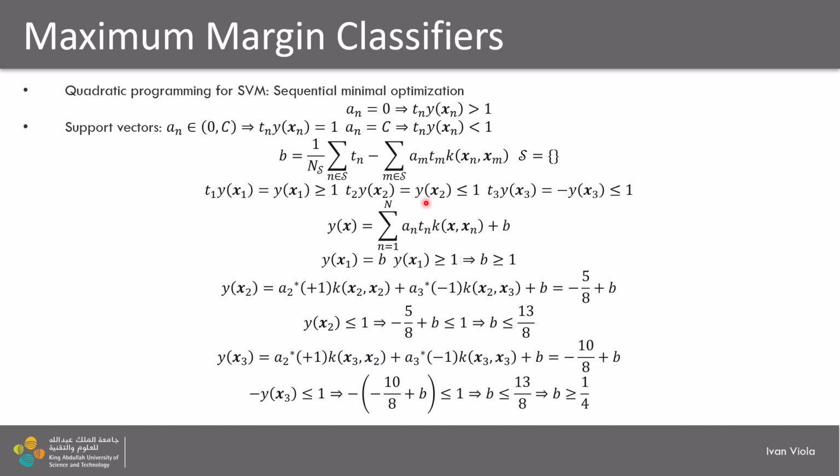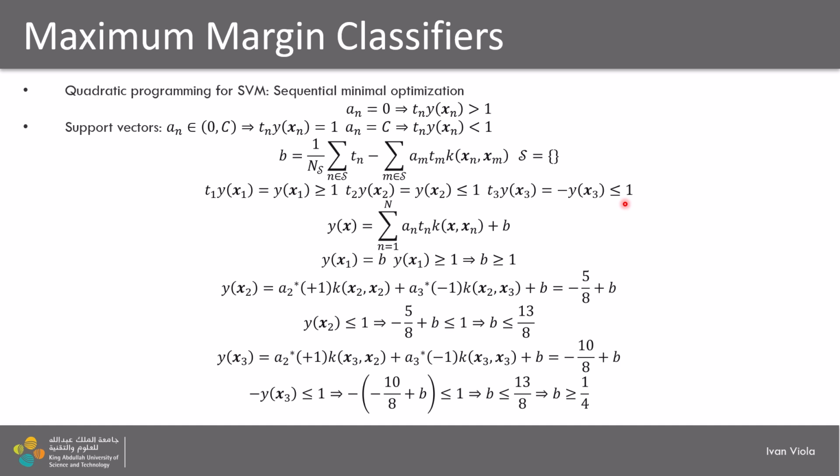However, we can see that we have this formula here. So y(x2) is in fact smaller or equal 1. And for t3, this is minus 1, and that will lead to the fact that minus y(x3) is also smaller or equal 1.